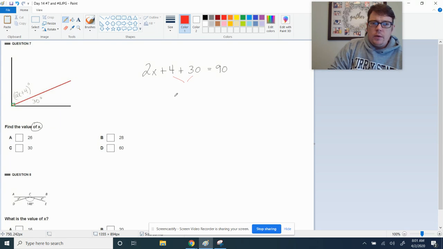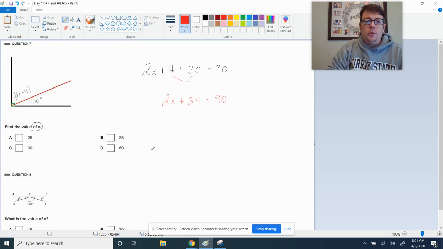Whenever I combine those, I get this equation, 2x plus 34 equals 90. And now I can go through and start my solving process. I want to knock out the 34 with subtraction. So when you subtract 90 minus 34, you do have to borrow.